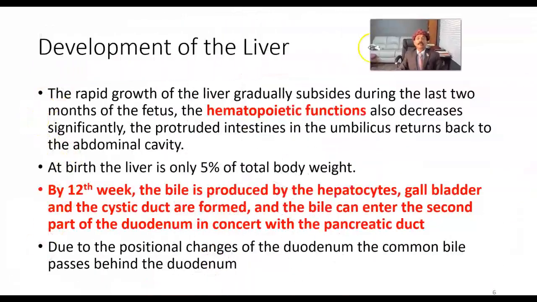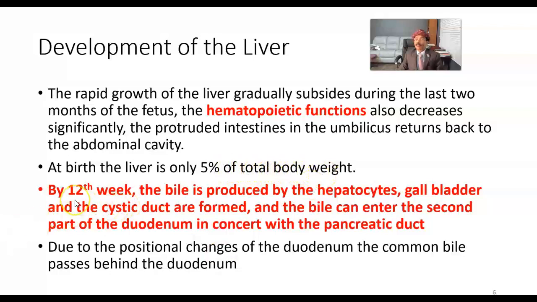Okay, the rapid growth of the liver gradually subsides during the last 2 months of the fetus, the 8th and 9th month. The hepatopoietic function also decreases significantly. The protruded intestine in the umbilicus returns back to the abdominal cavity at birth, usually. At birth, the liver is only 5% of the total body weight.